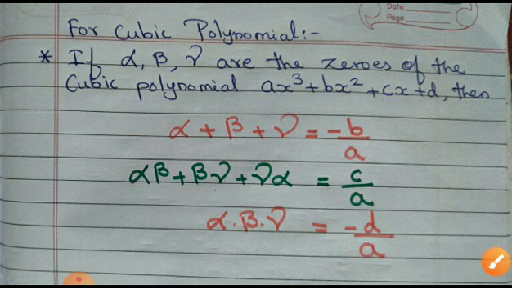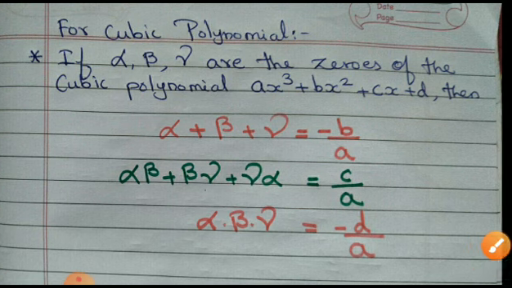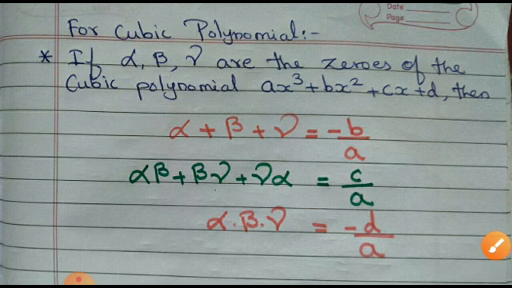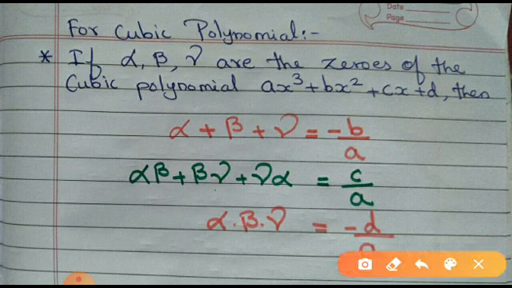And the product of the roots, alpha into beta into gamma, is equal to minus d by a. Minus d by a means minus of the constant term by coefficient of x cube.